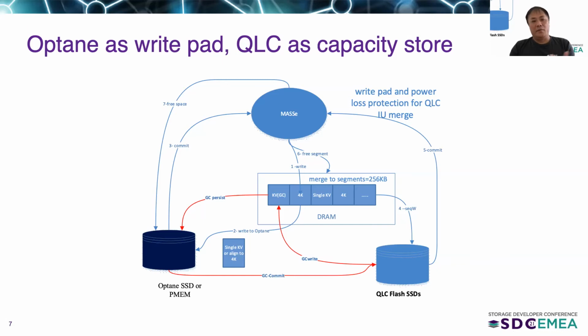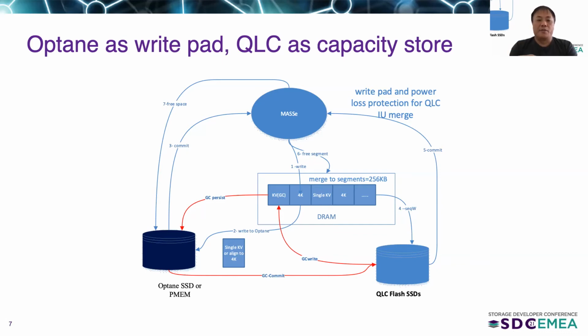Since we commit every small chunk, the write performance is very close to Optane SSD, and the QoS is also close to Optane SSD. We maximize the performance of Optane. Since we persist, we then merge those data into large chunks, here 256K, and write them sequentially to QLC.